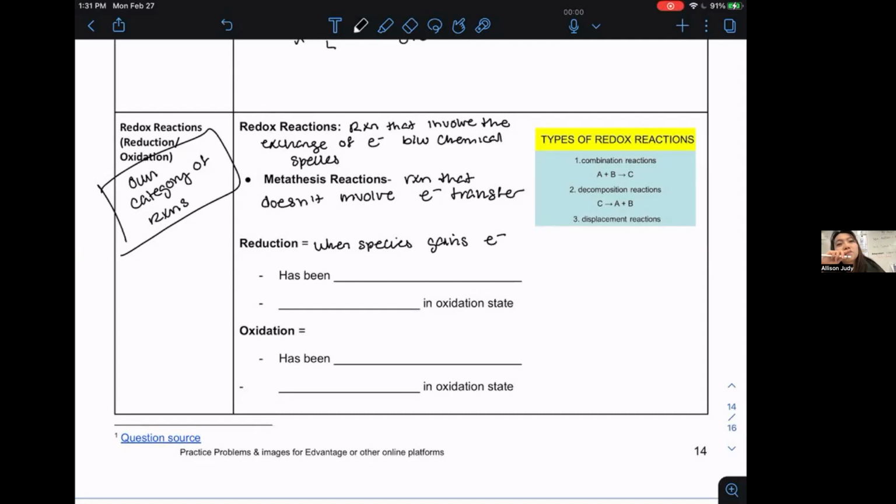No, I think those would all be redox. I think it's synthesis and decomposition. Certain reactions under those types can be metathesis, but you would not know unless you assigned the oxidation state numbers. You wouldn't know just by looking at it.